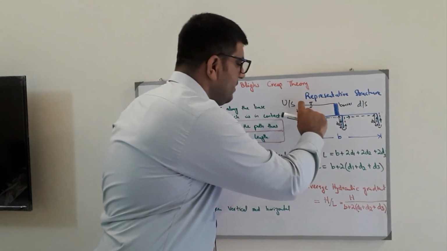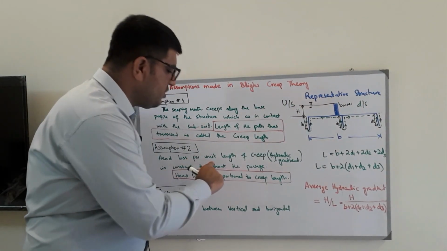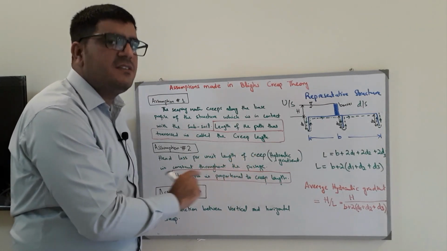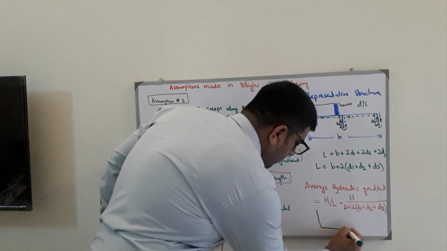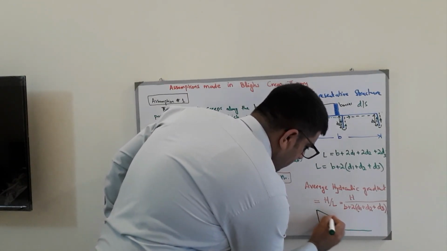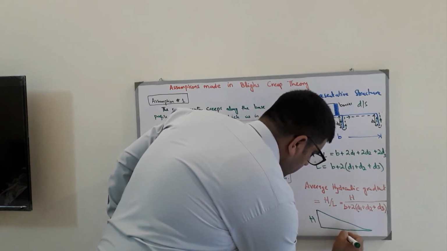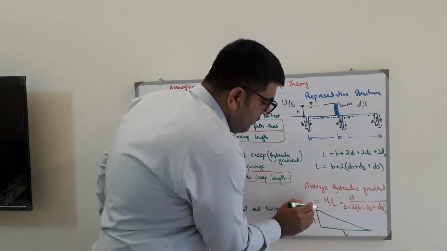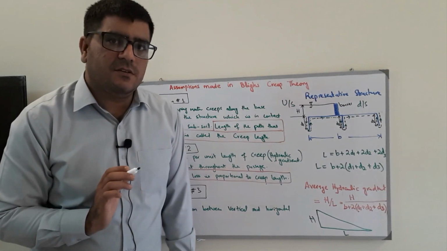This assumption says that the head loss per unit length of creep is constant. It means this is the head and this is the creep length. So the loss of head along the creep length is constant, right?